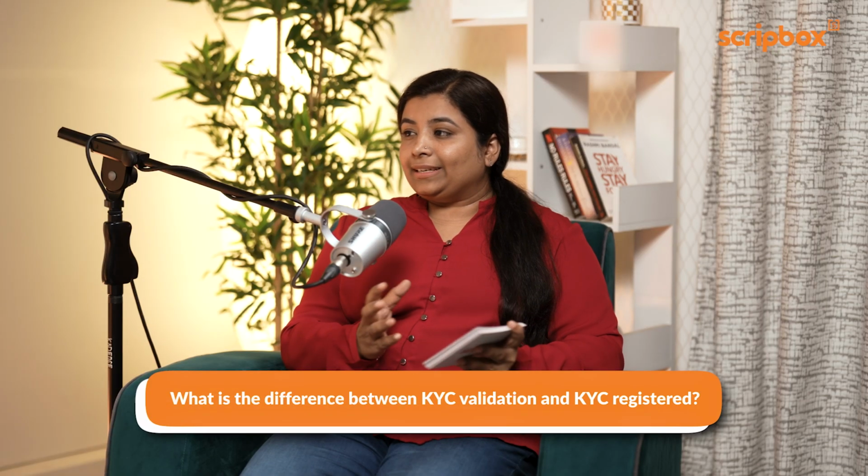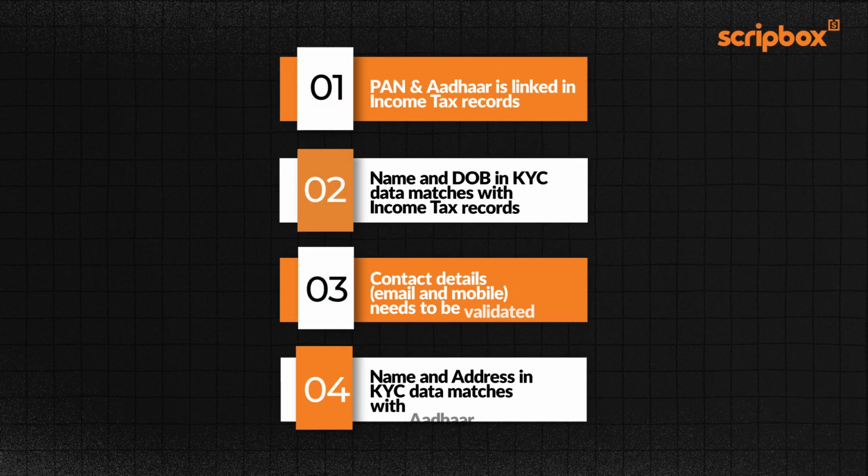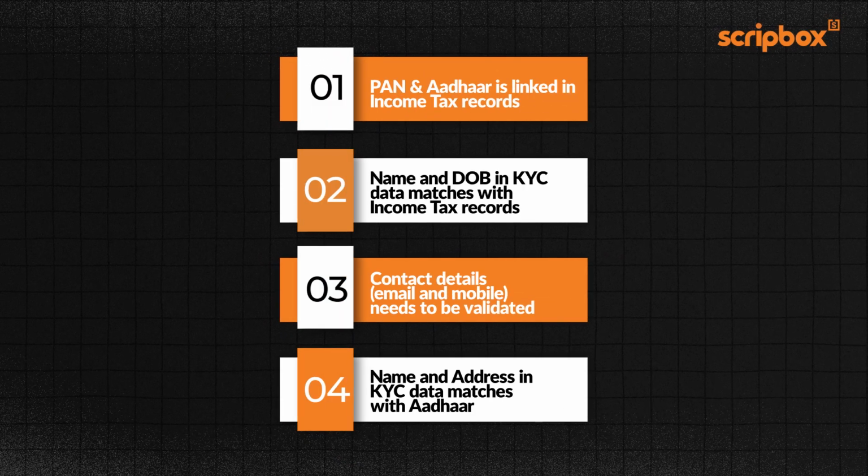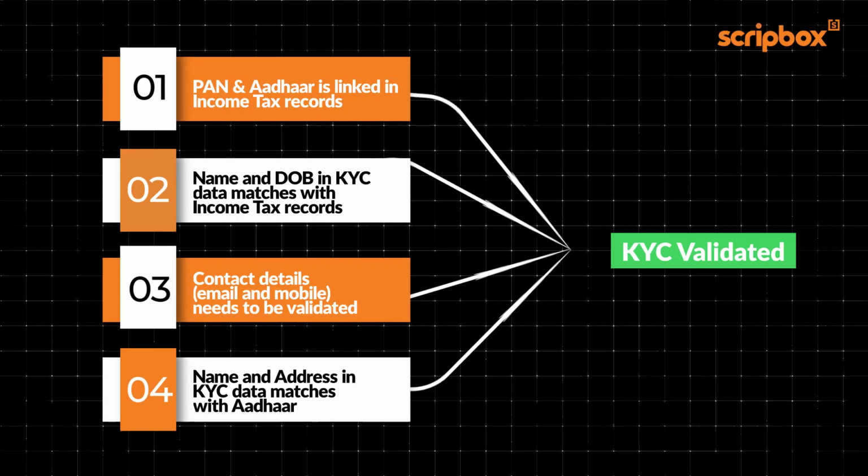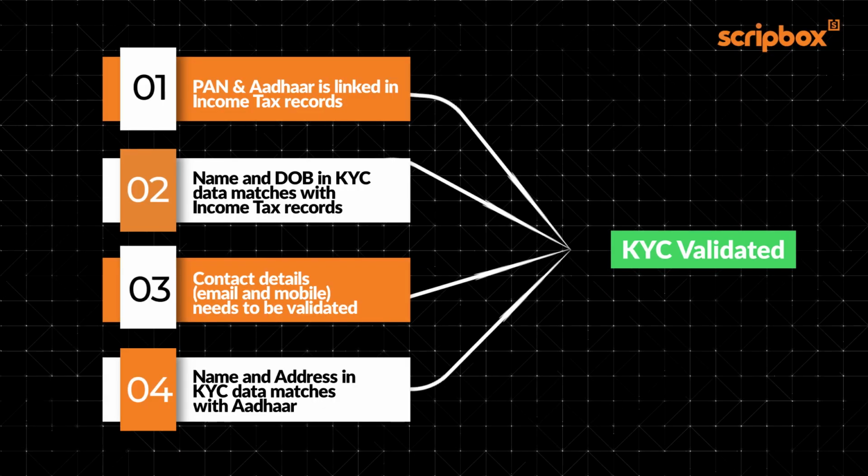So what is the difference between this KYC validated status and KYC registered status? So again, coming back to the same 4 additional requirements: PAN and Aadhaar linking, PAN and date of birth 100% match with the income tax database, the source data, which is name and address validation as per Aadhaar, and the contact detail verifications. Now, some of these customers are not able to do all the 4 points.